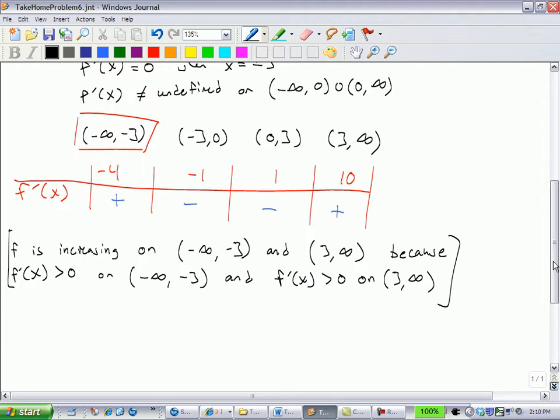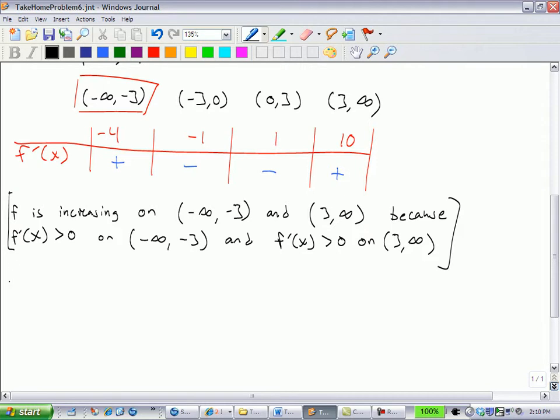So now we've got to make a statement on when f is decreasing. I'll write this statement a little bit differently, just so you see another way to do it. I'm going to say f prime of x is less than 0 on negative 3 to 0. Therefore, f of x is decreasing on negative 3 to 0.